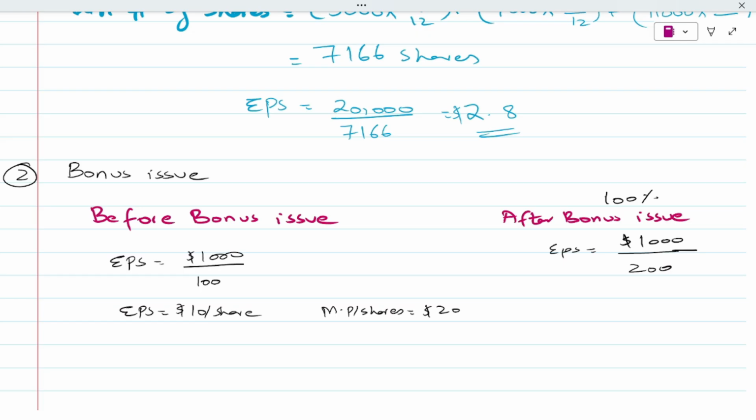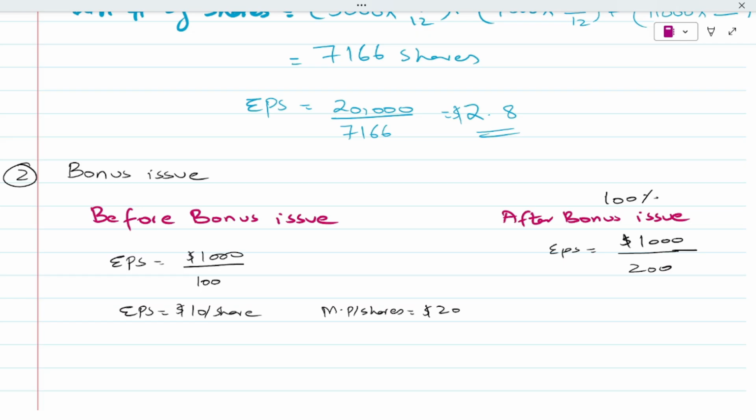So what is the EPS now after the bonus issue? Because see, before bonus issue it was $10 per share. After bonus issue the earning remains same. There was no new funds that we raised from the market through the issue, because in a full market price share you guys know that we raise new fund, right? But in a bonus issue we do not raise any new funds, right?